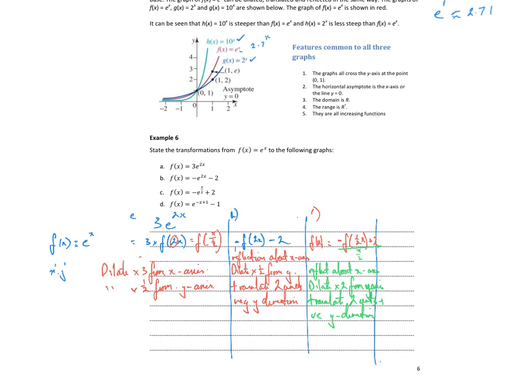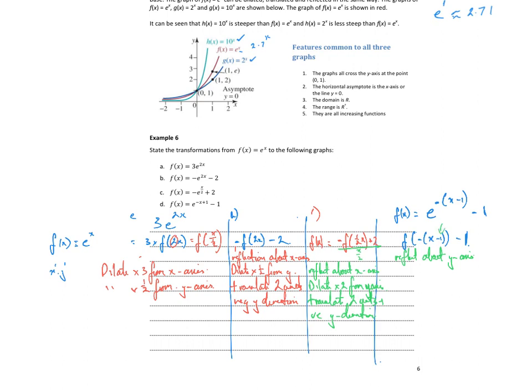Finally, the last one we've got, f of x equals, now remember I always talk about how, let's write it as e to the minus x minus 1. Always write it so the coefficient of x is positive. So that's the same as f of negative x minus 1. So the negative inside is going to reflect, but it's going to be about the y-axis.